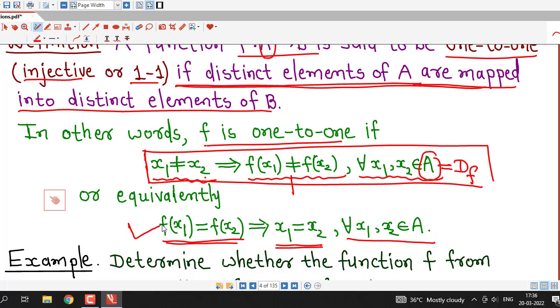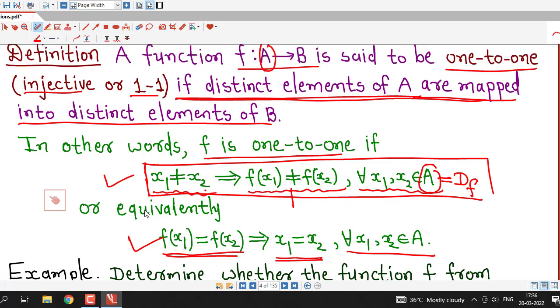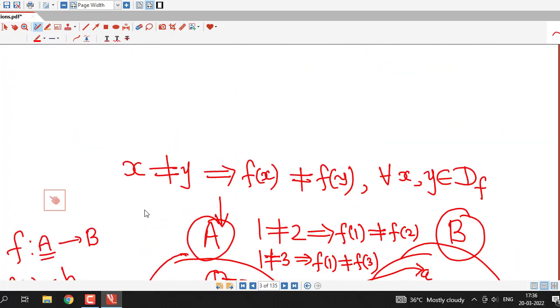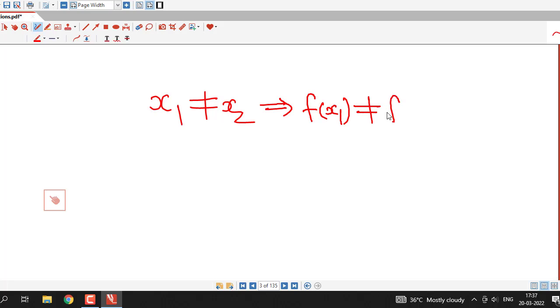So we can use this one or this one to prove that a function is one-to-one or injective. So we will remember both the equivalent definitions. x1 not equal to x2 implies f of x1 not equal to f of x2 for all possible values of x1, x2 in the domain of f.